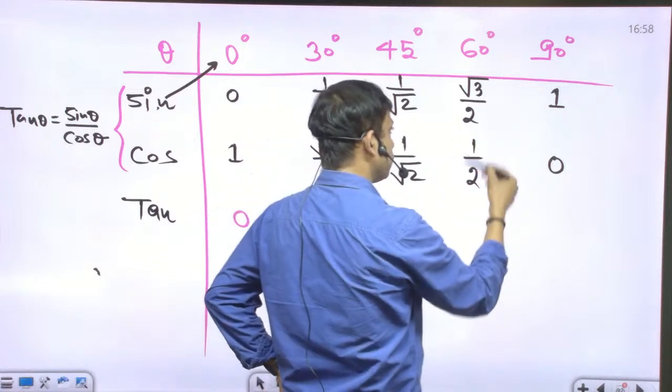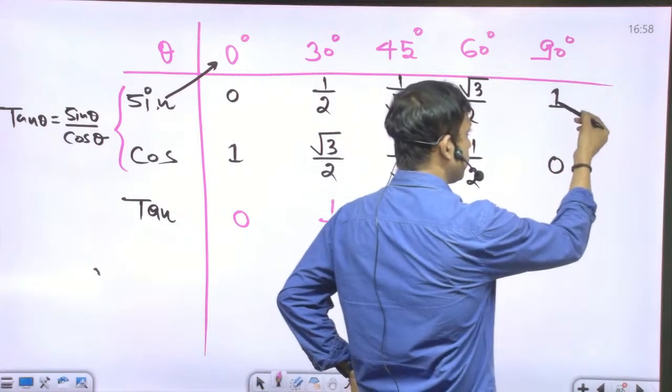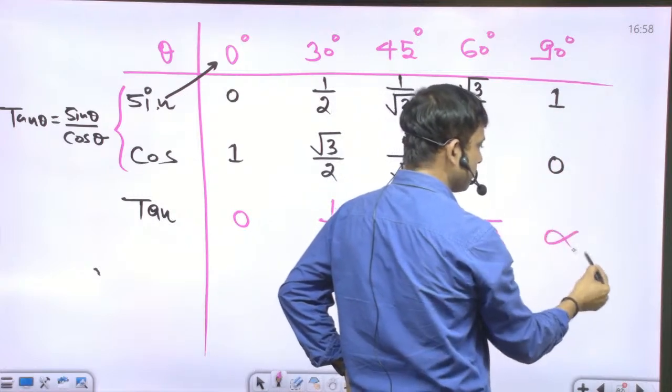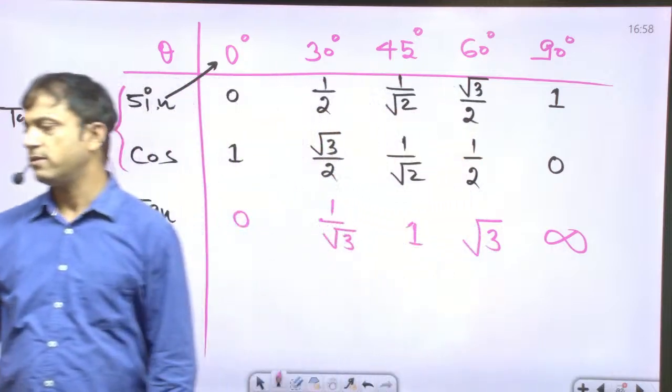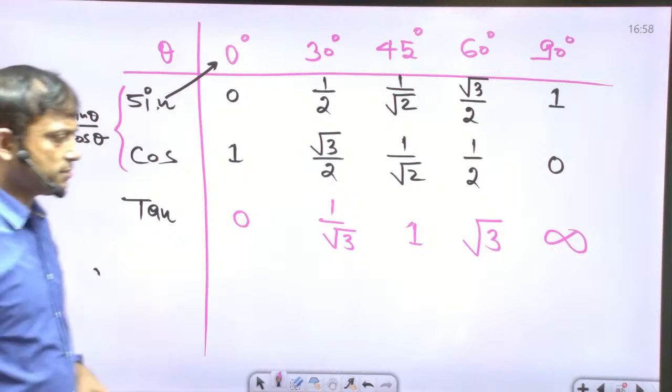And for 60, the 2 cancels, giving root 3. And for 90, 1 by 0. What will 1 by 0 be? 1 by 0 is not defined. Tan is sine by cos.